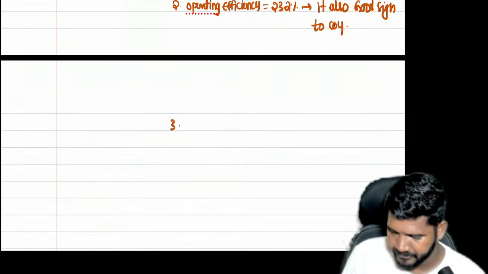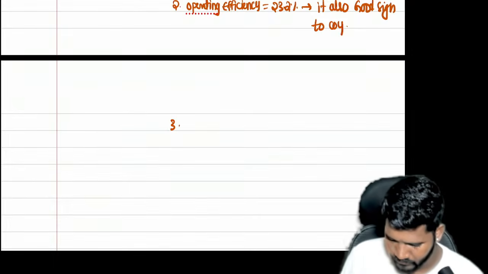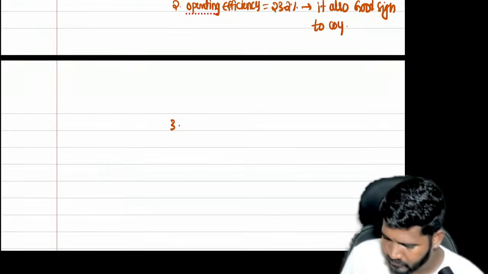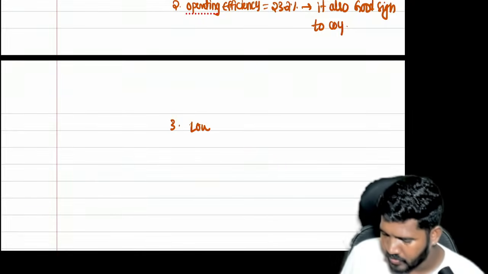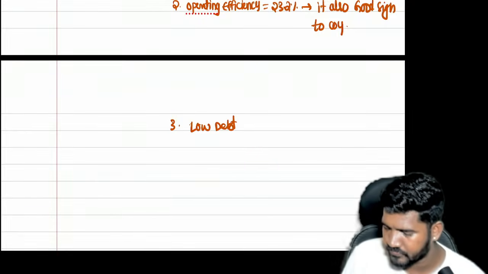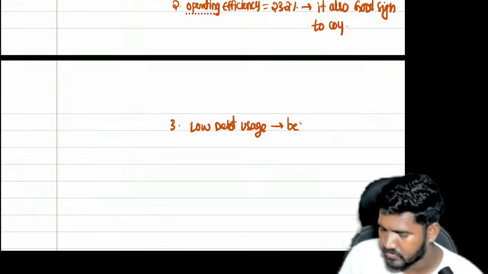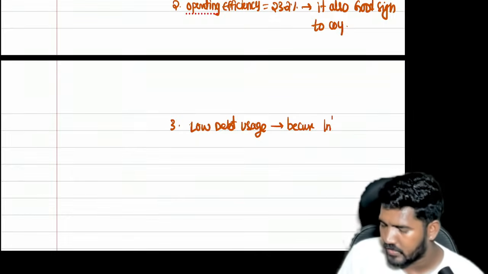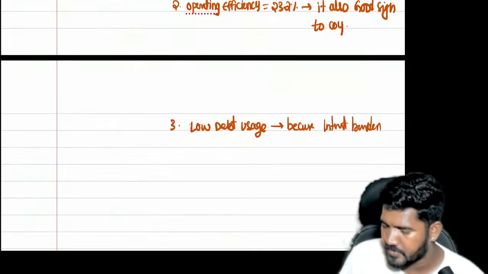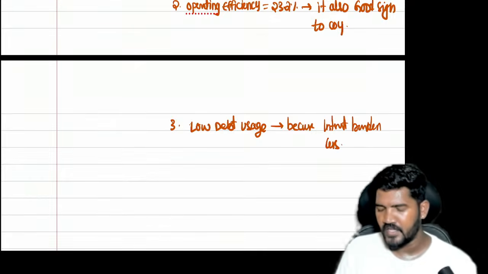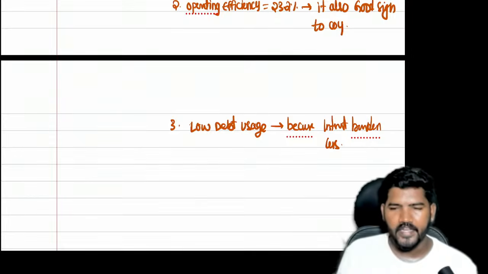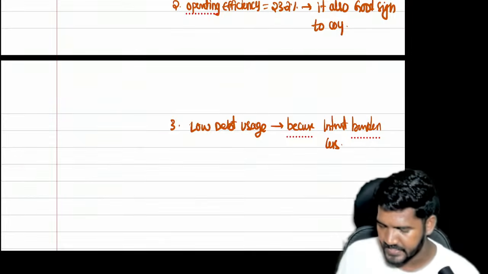Third point, low debt usage, because interest burden is less. Why is interest burden less? They do not rely on debt capital. That's why they are paying less interest.